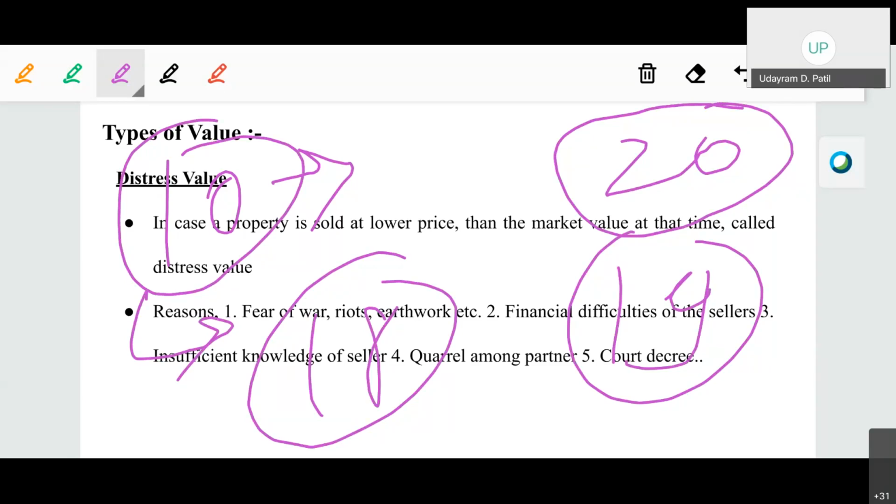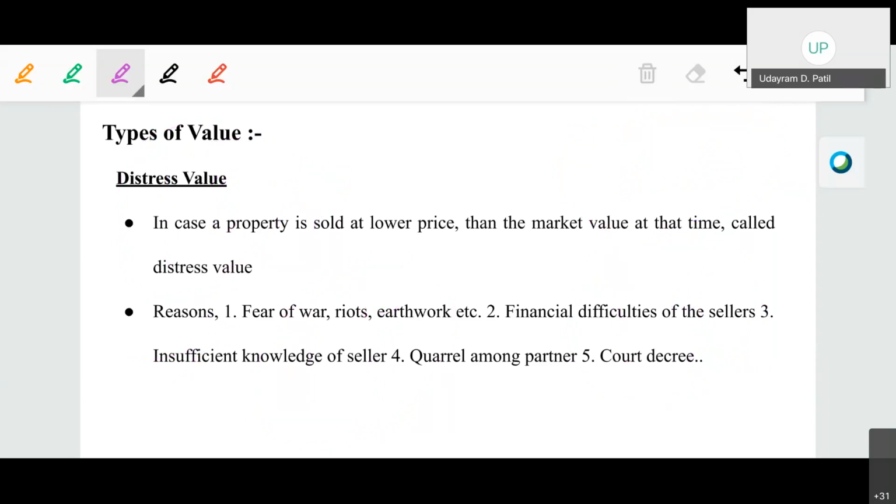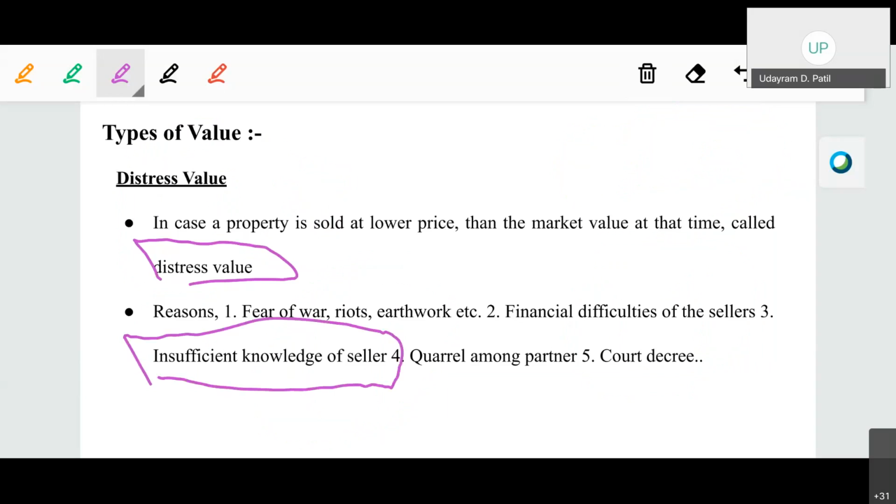When the value is lower than the market price, then this comes as the distress value. Similarly, insufficient knowledge of the seller: if I am a seller, I do not know any trend about the current market value. अशा वेळेस कॉन्ट्रॅक्टर आहेत ते will falsify my market value.